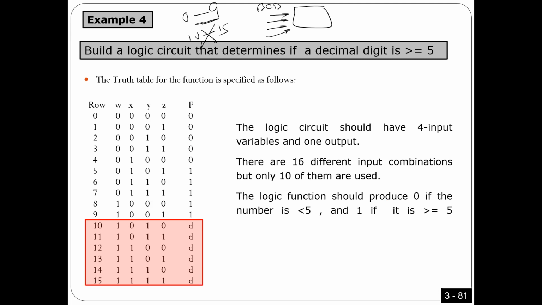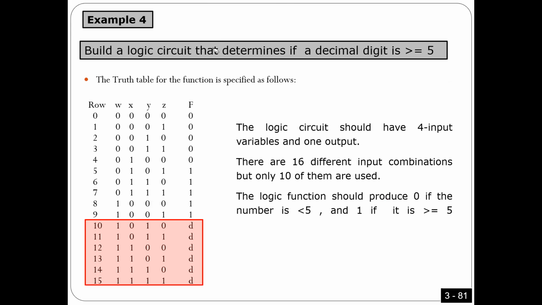I have 4 inputs. The output here should be 0 or 1, okay? I want a circuit that's going to tell me if the input is greater than or equal to 5 or not. That means if the input is greater than or equal to 5, the circuit is going to give me 1. If not, it's going to give me 0. I want to design a logic circuit to do that. So the first thing I'm going to do, by the way, this example is exactly similar to what I'm going to do in chapter 4.